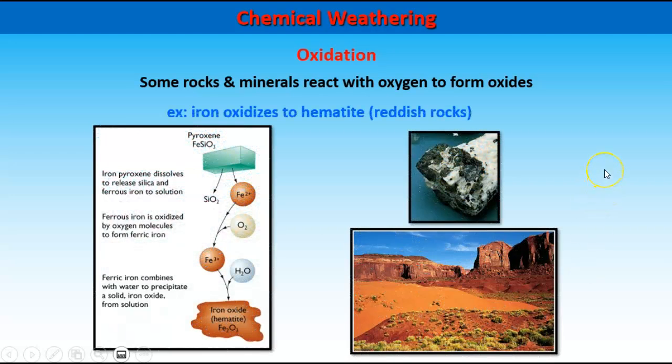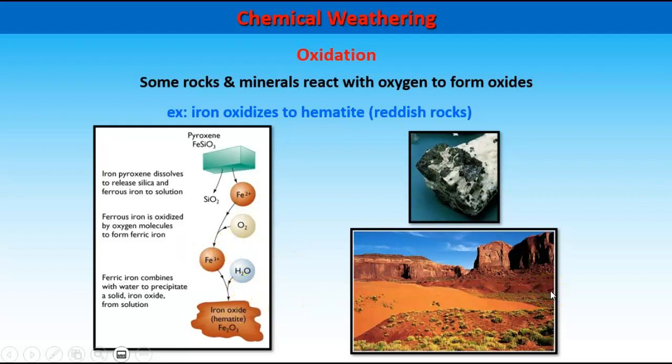We do get another chemical process called oxidation. This is the idea that a pyroxene, which is another common rock-forming mineral, a silicate, can break down and release some iron, which then reacts with oxygen, hence the word oxidation, and we get this iron oxide called hematite, a mineral.